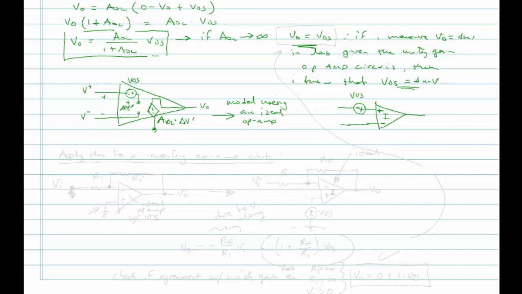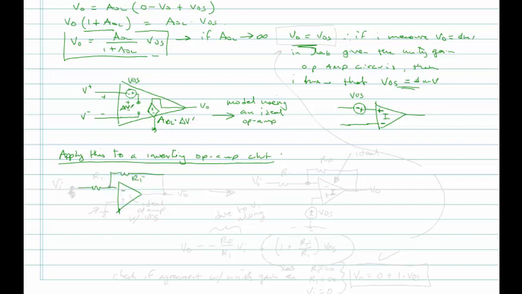Okay, so let's apply this to an inverting op-amp circuit. So our inverting op-amp circuit is going to be R1 going into the inverting node.